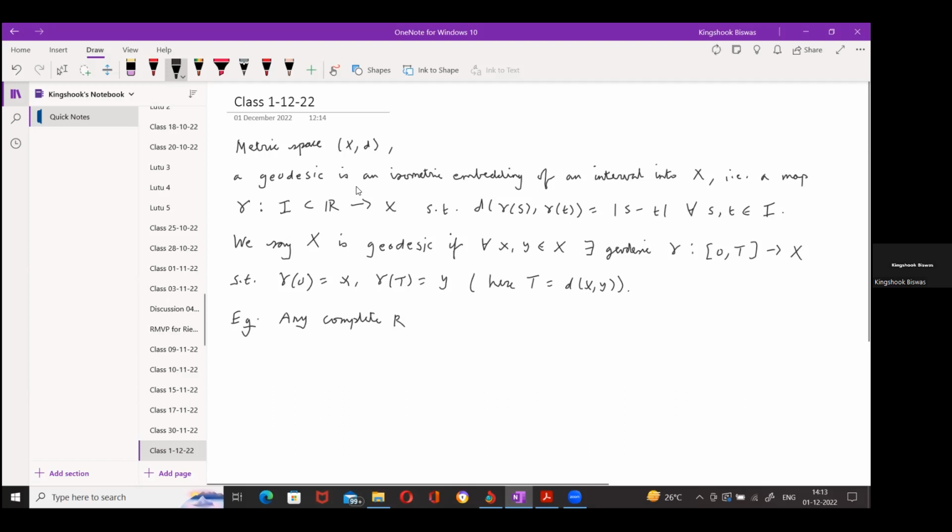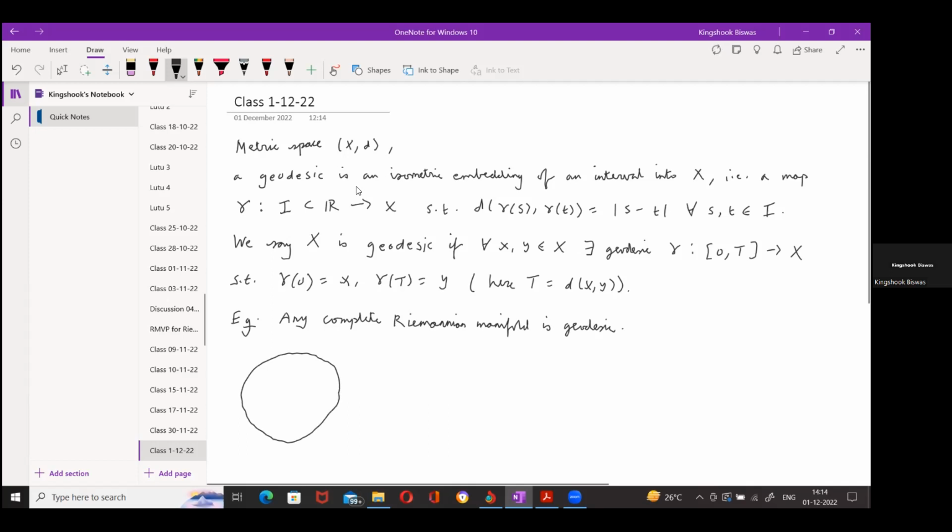Okay. So let me make one small remark here, that in a Riemannian manifold, we've defined geodesics as curves with zero acceleration, right?